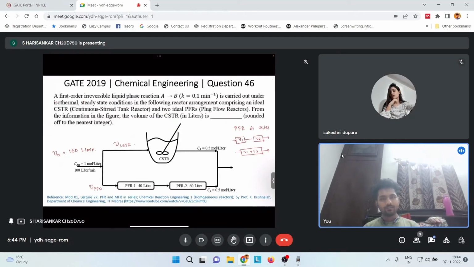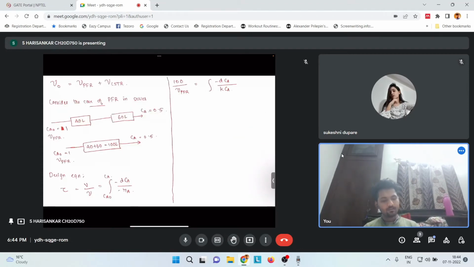So the reaction here is A gives B, and the reaction rate minus RA will be K CA in both the cases. So we'll write that here, K CA from CA0, that is 1, and CA, that is 0.5. And K is also given as 0.1 minute inverse.